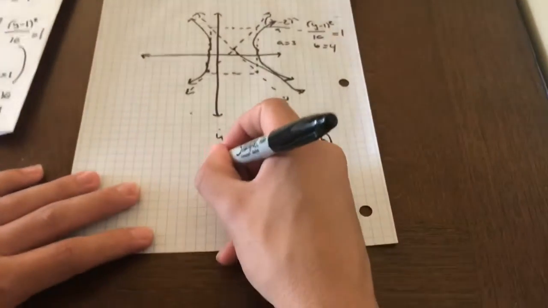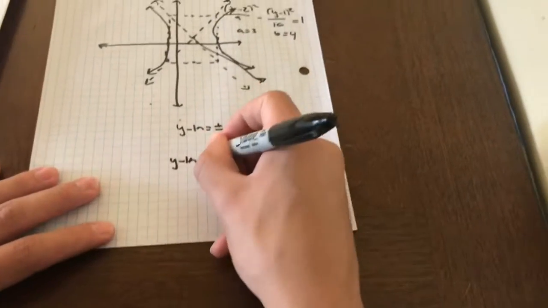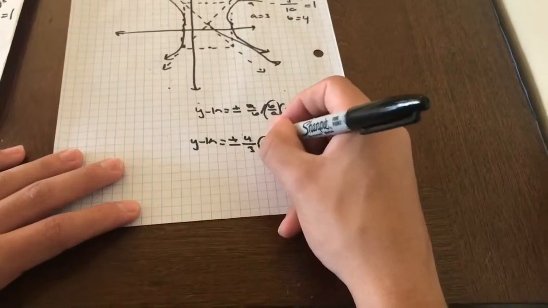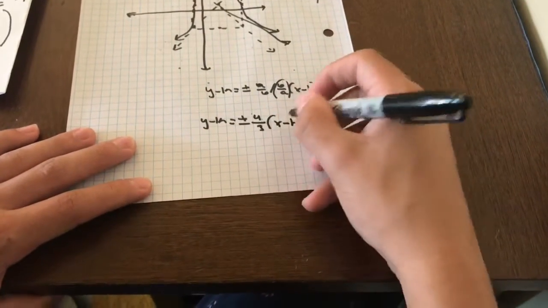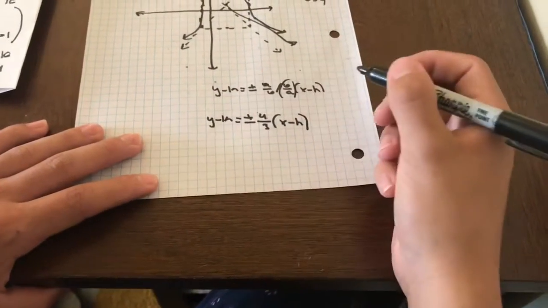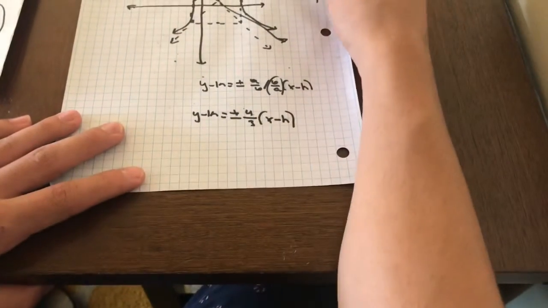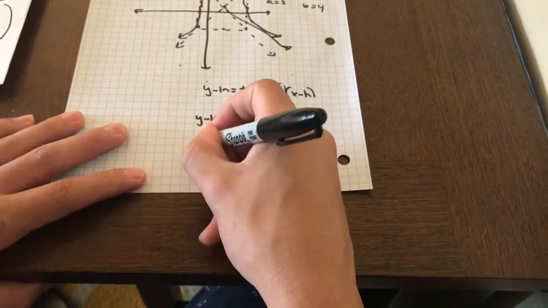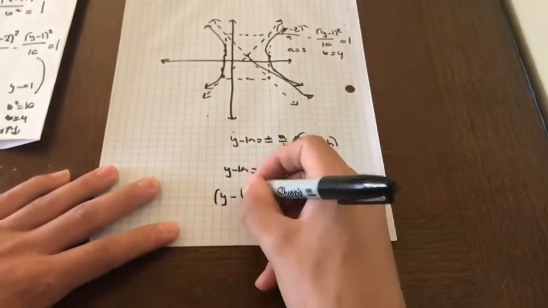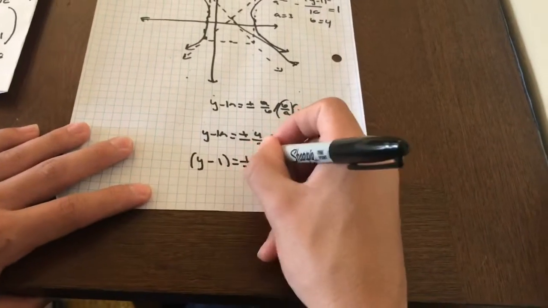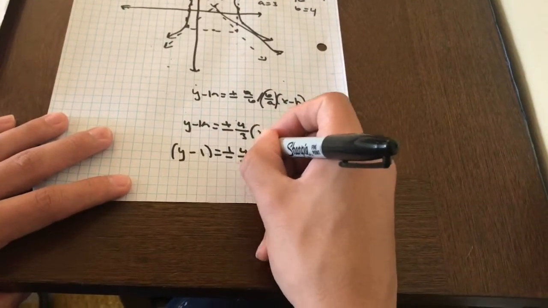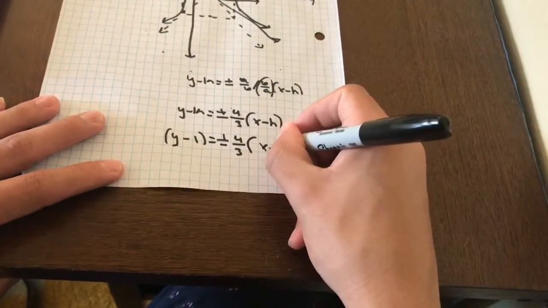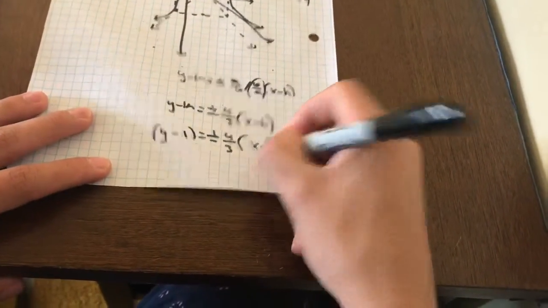So now we get y minus k equals plus minus 4 over 3 times x minus h. Now, where do we put all the other numbers? Easy thing, use the equation they give you. So y minus k, which is just 1, y minus 1, equals plus minus 4 over 3, and then your x minus h comes directly from the problem. And bang, there you go.